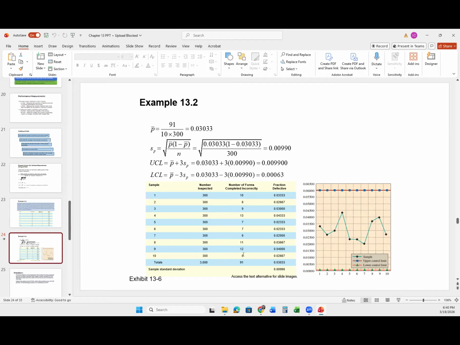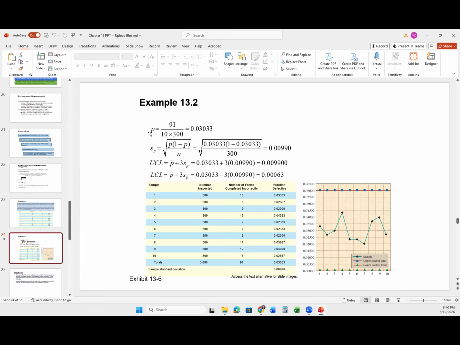You sum them together and find 91 in total are defects. And you divide 91 by all the units you inspected. So you get the fraction defective, which is about 3% defects. Does that make sense? Okay.